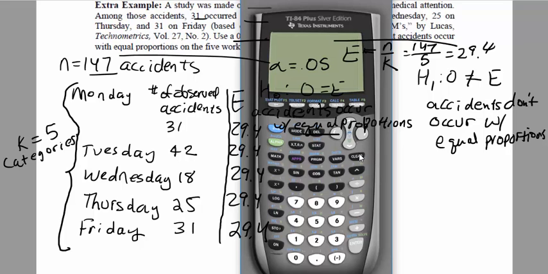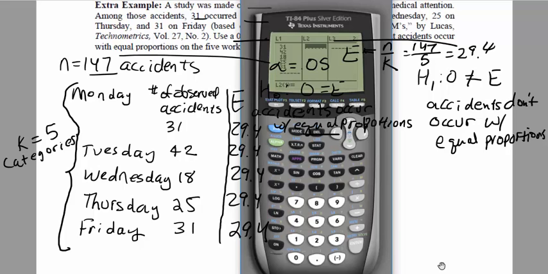So let's see, stat, edit, and then make sure that you clear out the information from the previous problem. So clear out all of those 8s that we had. All right, so we have 31, enter, 42, enter, 18, enter, 25, enter, 31, enter.